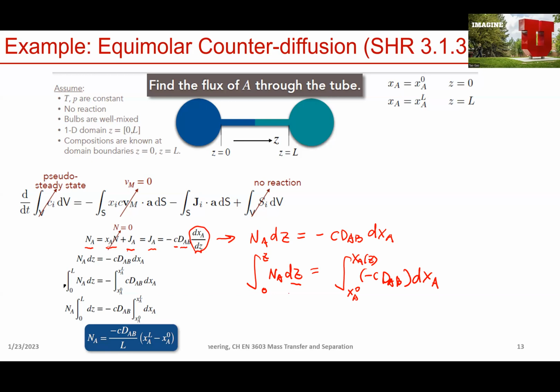Next thing you ask yourself is, can we simplify this equation, right? That requires us to look at the dependence of NA on z and the dependence of this on XA. Luckily, from our derivation previously, we know NA equals JA, because there's no convective flux, which is a constant throughout the tube.